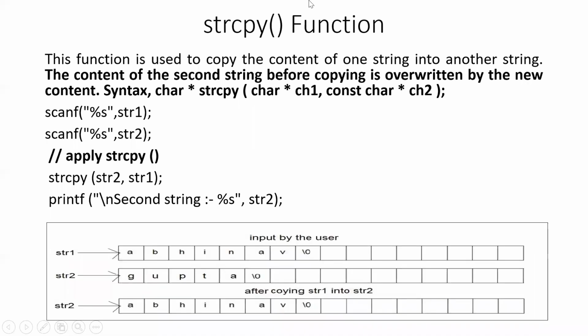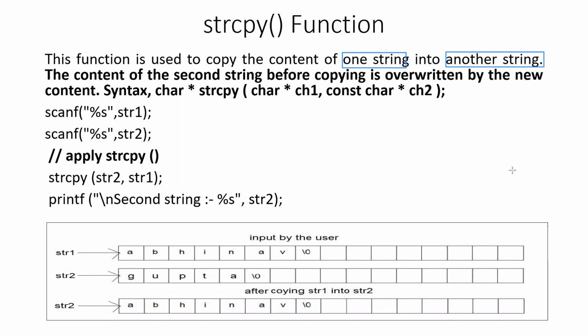The next string library function is strcpy. It stands for string copy function. Now what is a string copy function? It is used to copy the contents of one string into another string. How is it different from string concatenation? In string concatenation, the content of the second string was appended at the back of the content of the first string.